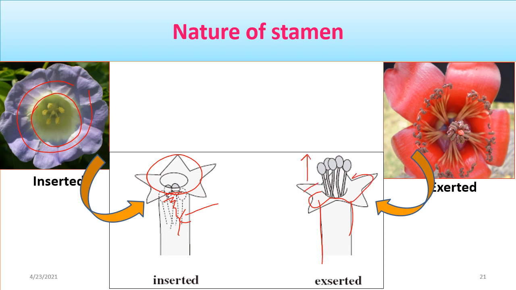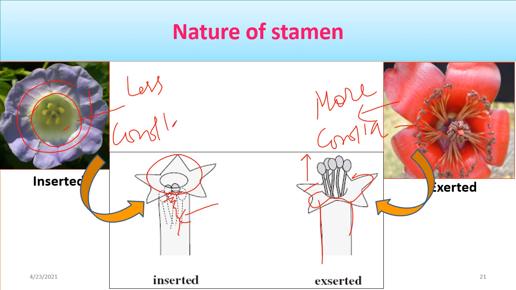Here they are in, here they are coming out. Means length of stamen is more than corolla, and here length of stamen is less than length of corolla, and this is called inserted when it is less and exerted when it is more.